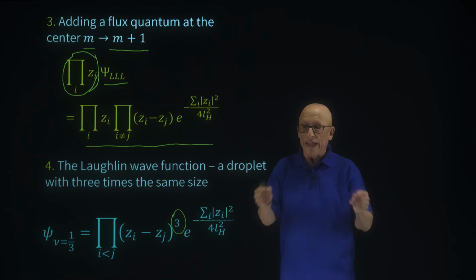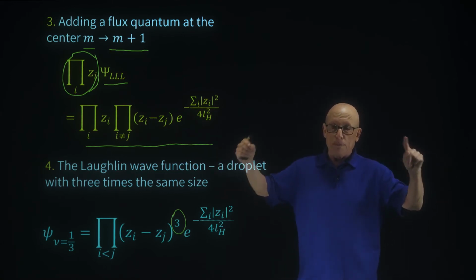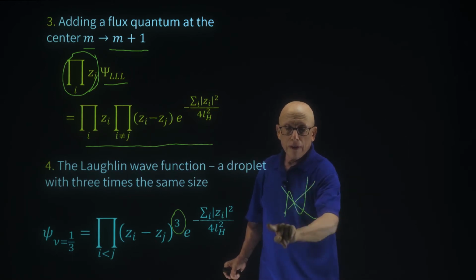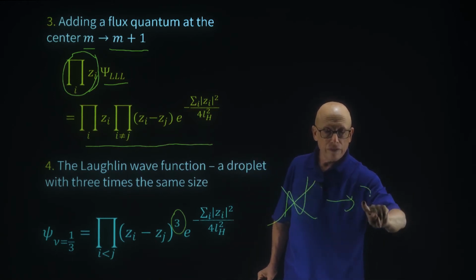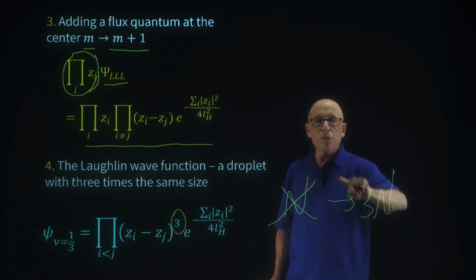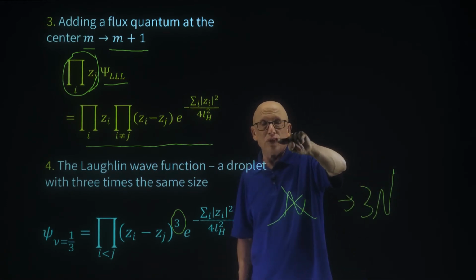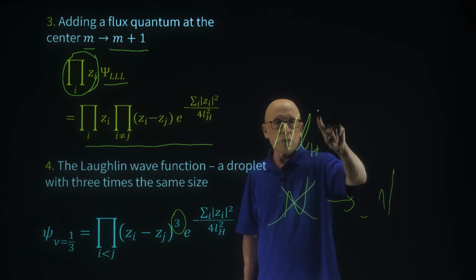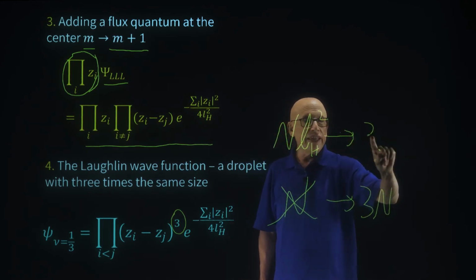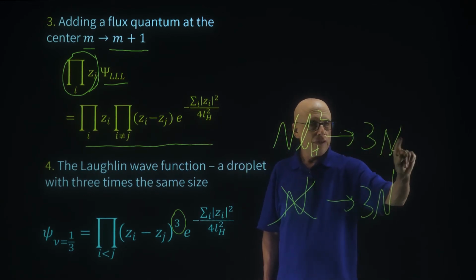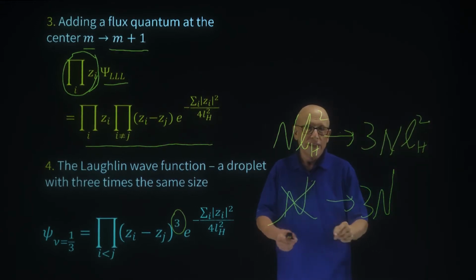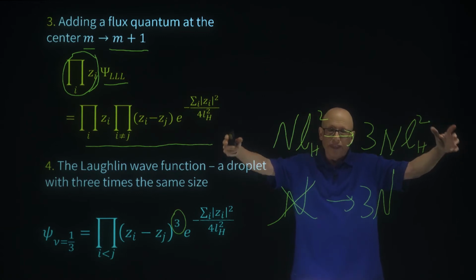That means that the highest power in the polynomial is now not n, but 3n. Which means the size of the droplet is not n lH squared, but 3n lH squared. The droplet went bigger by a factor of 3.